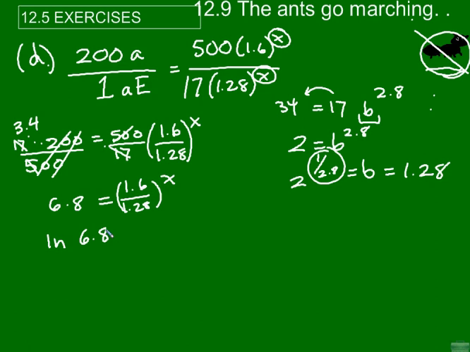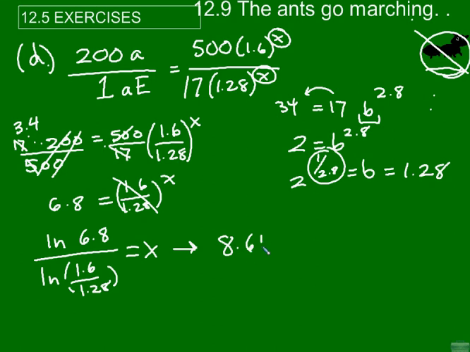Divide by that guy, and that's all going to equal x, which is 8.617 weeks. Okay, well, if there's 200 ants per anteater at 8 weeks, and there was 10,000 ants in 10 weeks. Holy smokes, that means there's 10,000 divided by almost 200. That's a lot of anteaters running around this boat. What kind of ship is this?